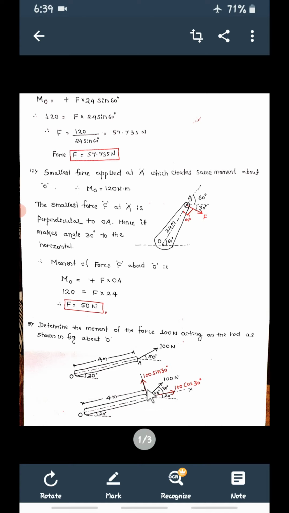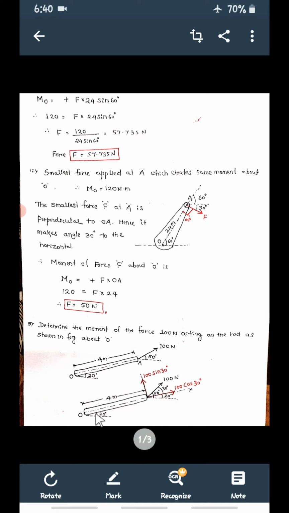This is not the x-axis, this is the x-axis. This is the horizontal. At point O, this rod is making an angle of how much? 20° with the horizontal. This is the x-axis I extended, and this is a horizontal line parallel to it. So this angle is 20°.